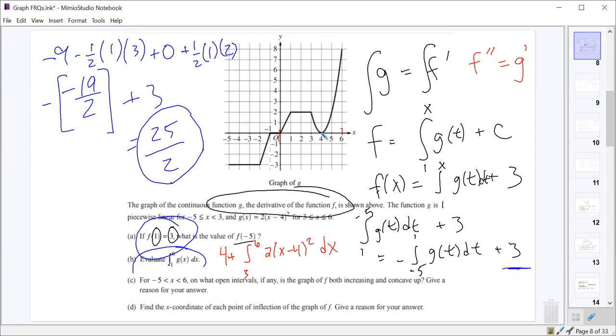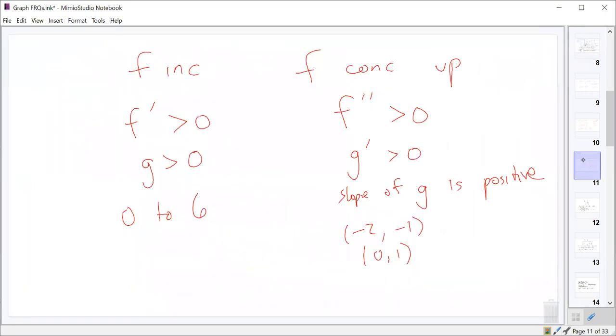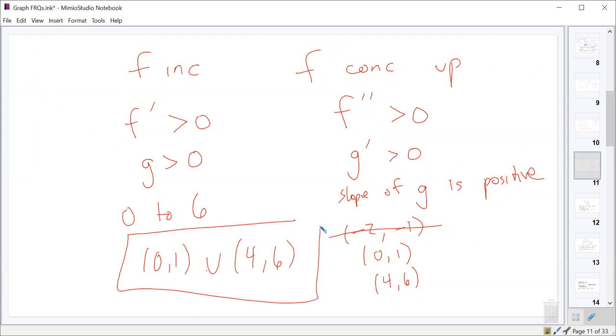Not positive from 3 to 4, those are negative slopes. But from 4 to 6, the slopes are positive. So we have 3 intervals when that's true. This one's 0 to 6. -2 to -1 doesn't overlap 0 to 6. 0 to 1 does, so does 4 to 6. So our final answer should be 0 to 1 and 4 to 6.